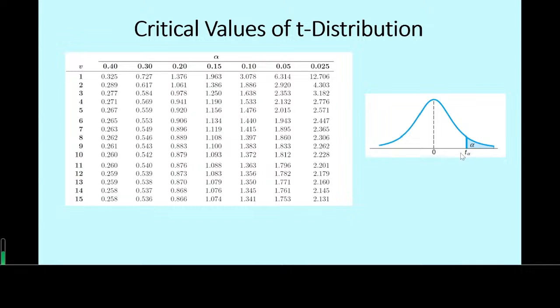If the calculated sample test statistic is larger than this value or less than the negative of this value on the other side, we can say the test is significant. This is equivalent to getting a p-value less than alpha.